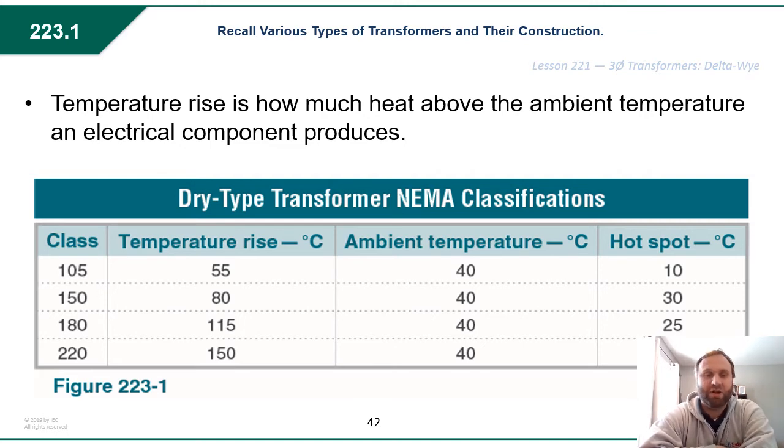It's assuming that you're installing the transformer in a 40 degrees Celsius location, and that it has a hot spot, or an average of 10 degrees Celsius between the hottest winding in the transformer and ambient temperature. Adding all those together, 40 plus 10 plus 55 would give a class rating of 105. And now that's just the class rating. The temperature rise of that transformer would be 55 degrees Celsius. That is, again, how much heat above the ambient temperature an electrical component produces.